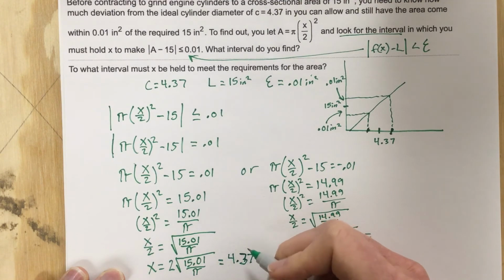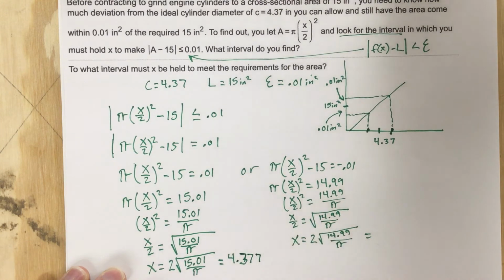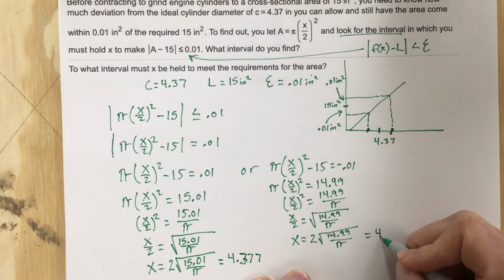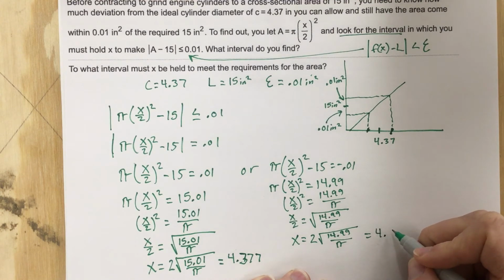Maybe we'll go to three decimal places. And then we're going to do the same thing on the right side. We take 14.99 divided by pi, take the root of it, multiply it by 2. And this time we get 4.369.